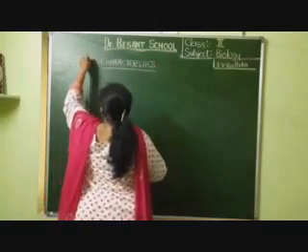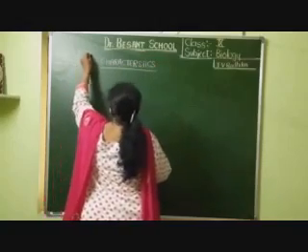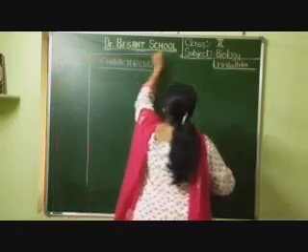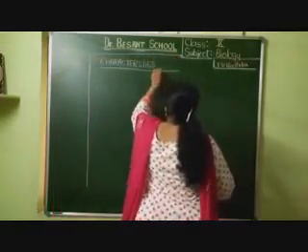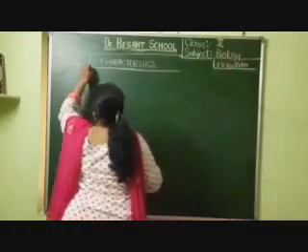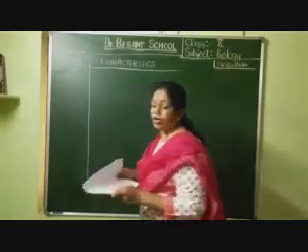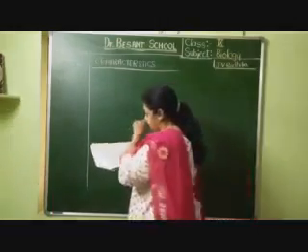I have prepared the gist, but since you cannot come to school and take the gist, please note down in your notes what I am writing on the board. Whatever I have given in the gist, the same thing I am writing on the board, easy for you all to learn.